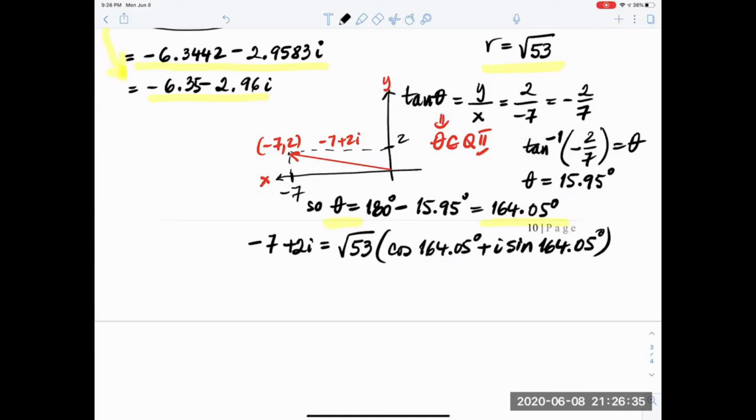So this is great. You can write a short form of it, square root of 53 CIS of 164.05. Either form is correct, represents the same number. If you go now in reverse, starting here, going backwards, you will get these numbers, -7 plus 2i. If you start with developing, hey, how much is cosine of 164.05?